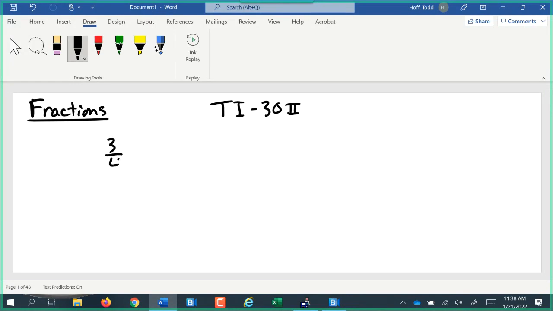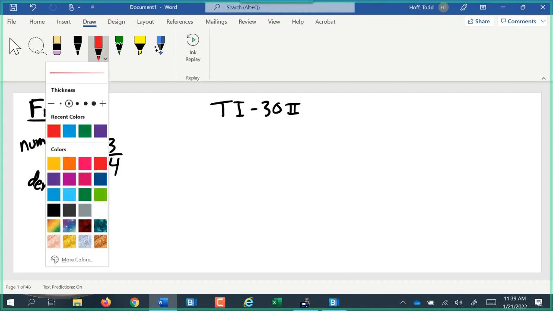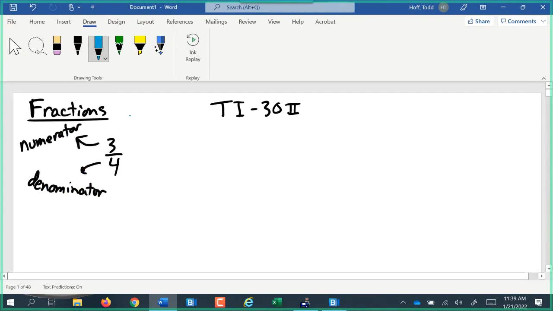We had talked briefly on Monday about the two parts of the fractions. We know that that top number is a numerator. And the bottom number is a denominator. And we talked briefly about the meaning of those words.